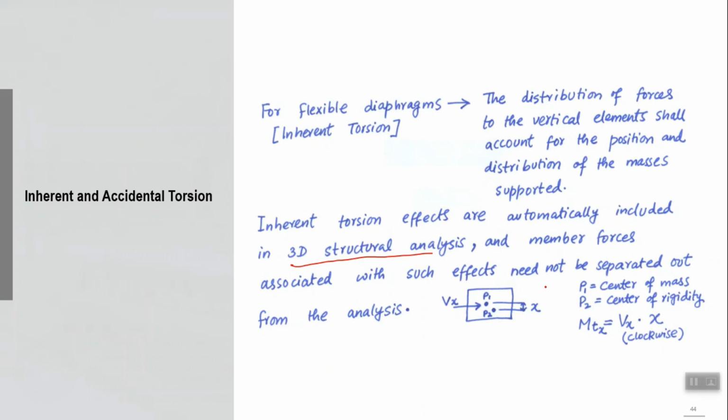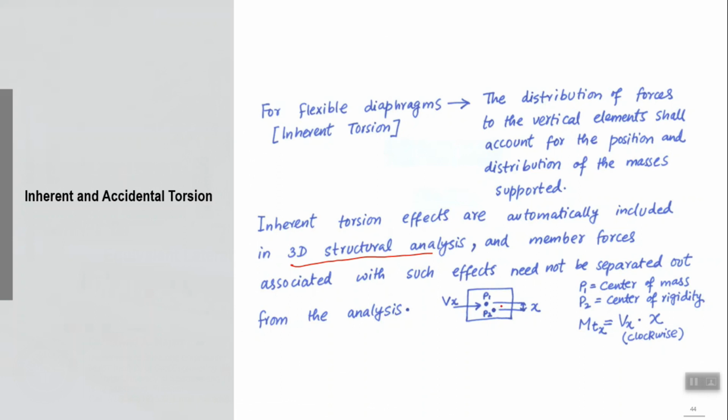So, you don't need to separate out the member forces, right. Like this is the member force without considering inherent torsion and this is with considering inherent torsion. No need to do that. Automatically it will be accounted for when you use a 3-dimensional model.